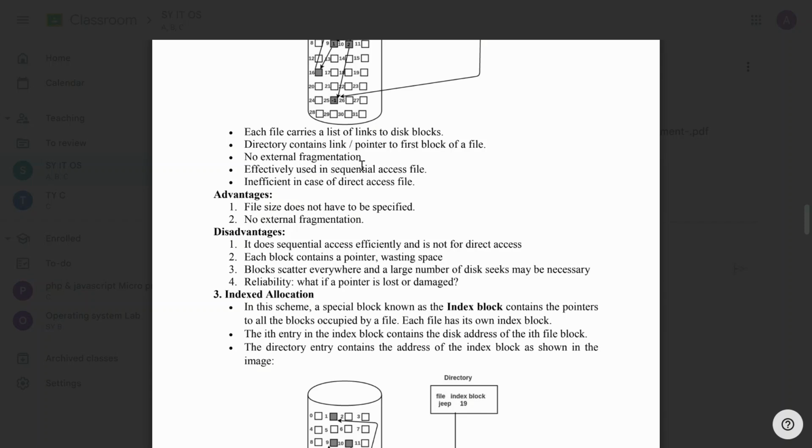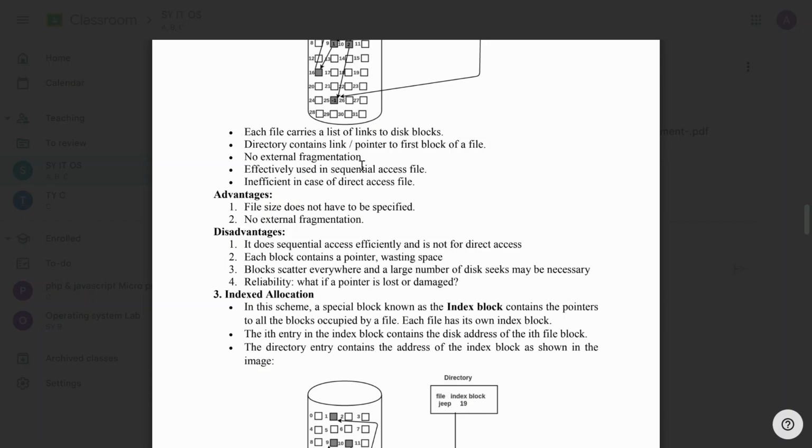Each block contains a pointer wasting space. Means yes, we have to use space for pointers, and that is extra space we are going to use. Now, next is blocks scatter everywhere and a large number of disk seeks may be necessary.